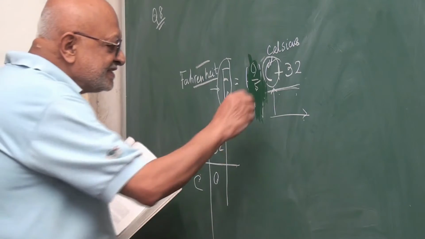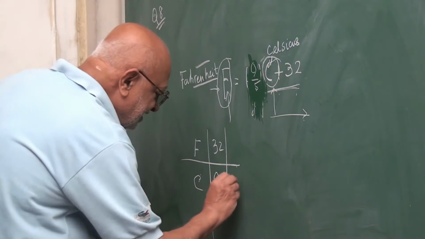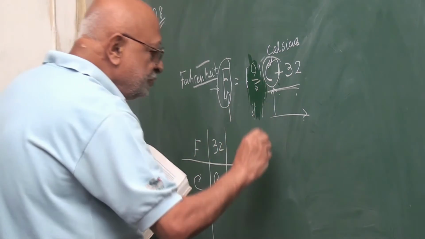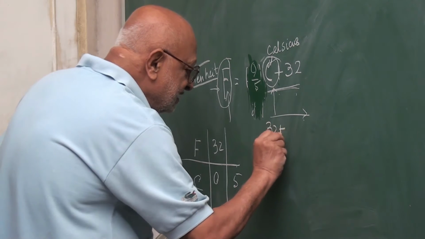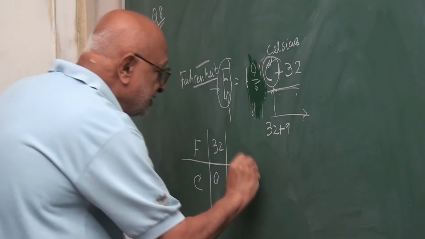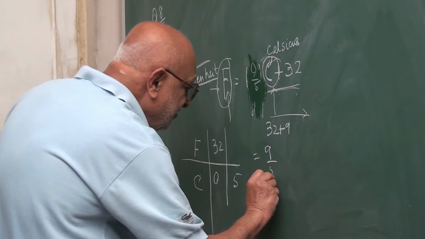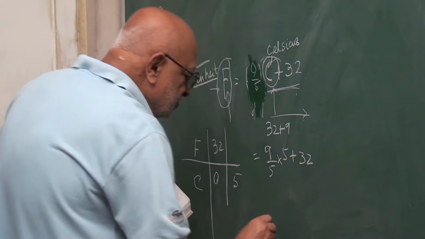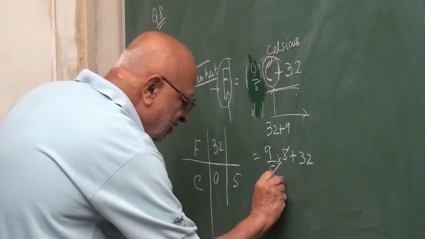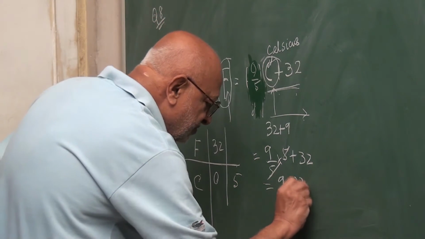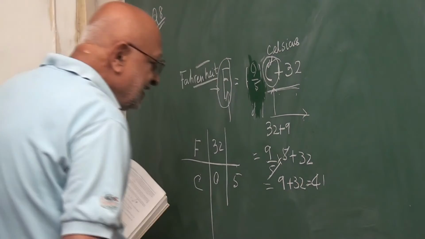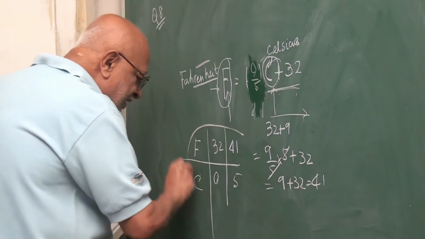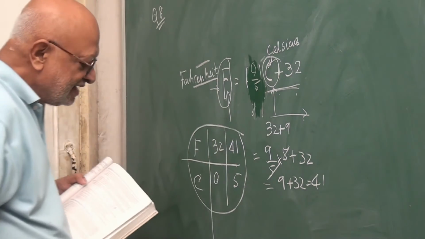If I take C equal to 5, then this will become 9/5 into 5 plus 32. So this will be 9 plus 32, which will be equal to 41. So I have got 2 points which I need for plotting the scale.